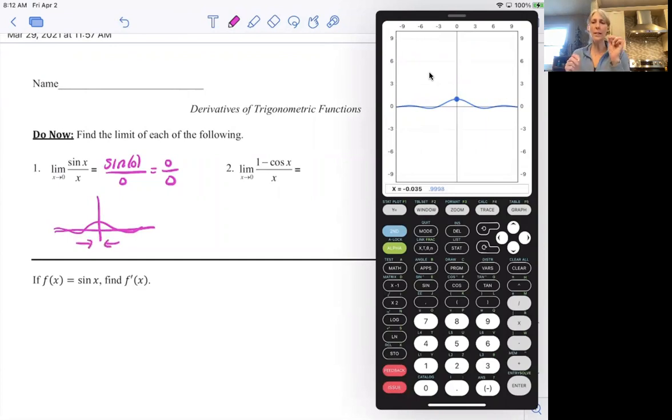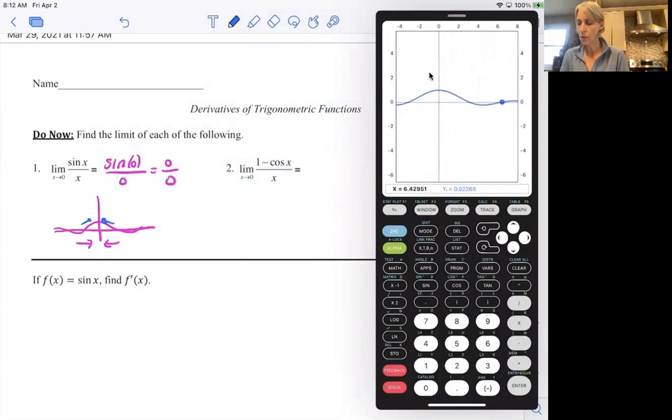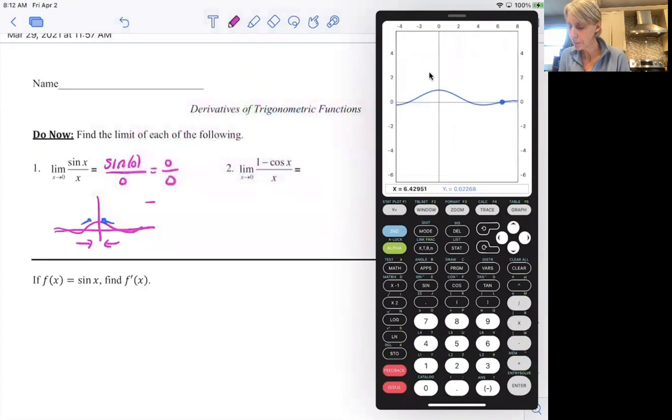We know when we plug in 0, we don't get an answer. But as x gets close to 0, we can see our y values are getting close to 1. So this limit, even though when we plug in 0 we don't get an answer, when we plug in numbers close to 0, our y values are going to 1.